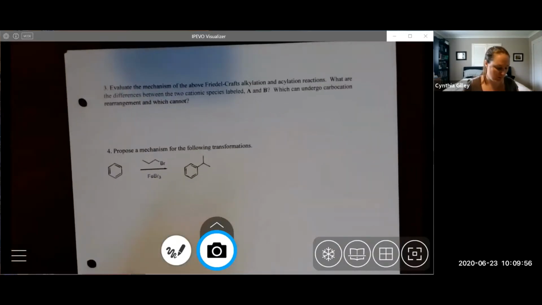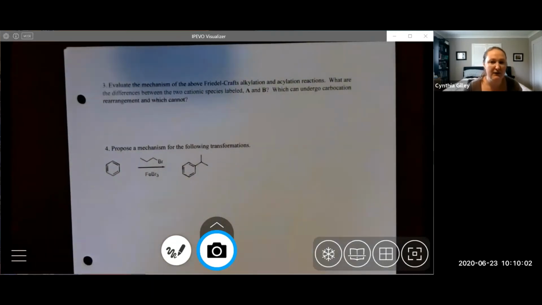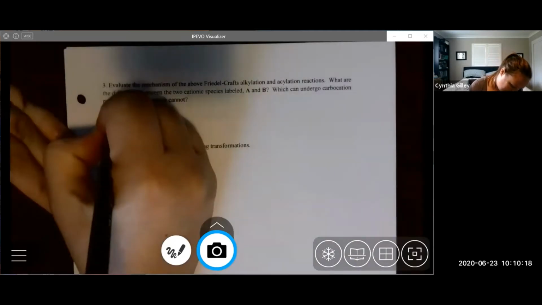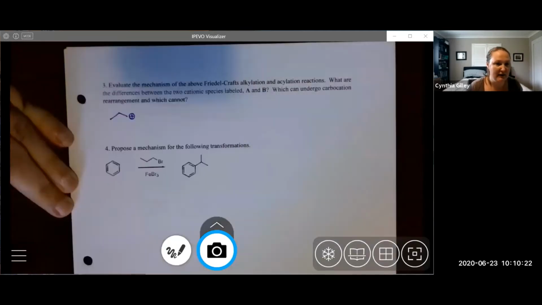Okay, so it wanted you to evaluate the mechanism of the Friedel-Crafts alkylation and acylation. What are the differences between the two cationic species A and B? Which will undergo a carbocation rearrangement and which cannot? So he drew a primary carbocation, which in reality never forms.